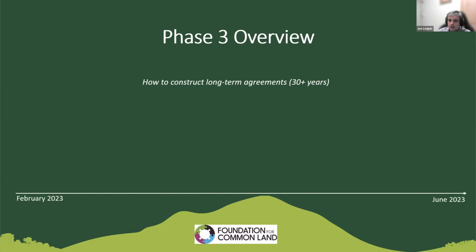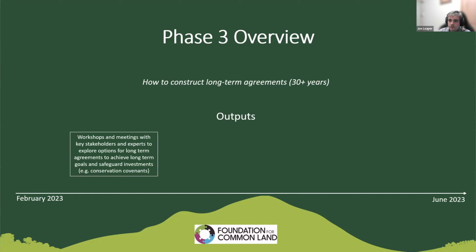So as I mentioned earlier, this phase of the project, phase 3, is running from February, basically now, until June 2023, later this year. And in terms of the outputs for this phase of the project, we're going to be running a number of workshops again, with our key stakeholders from each of the landscapes, the Malvern Hills and the New Forest, looking at these long-term agreements, talking in more detail about them.